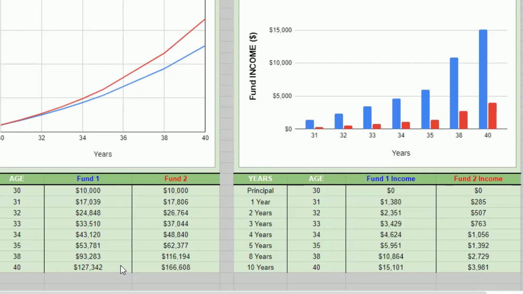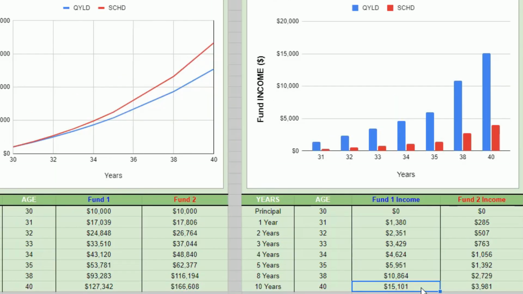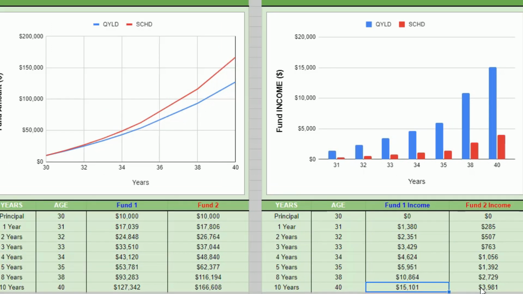That $500 a month deposit would be $127,000 in QYLD over 10 years and $166,000 in SCHD over 10 years.